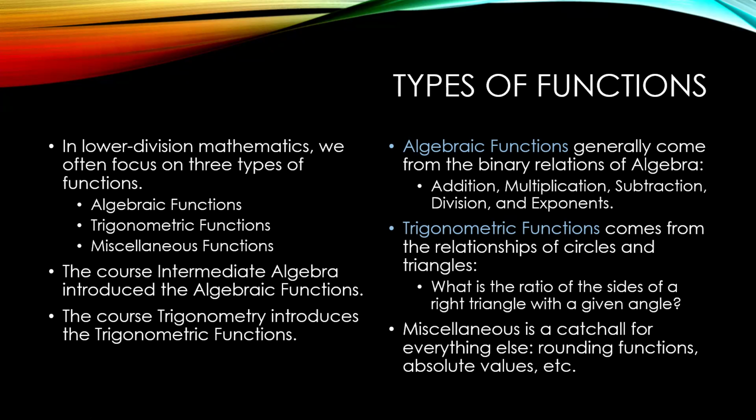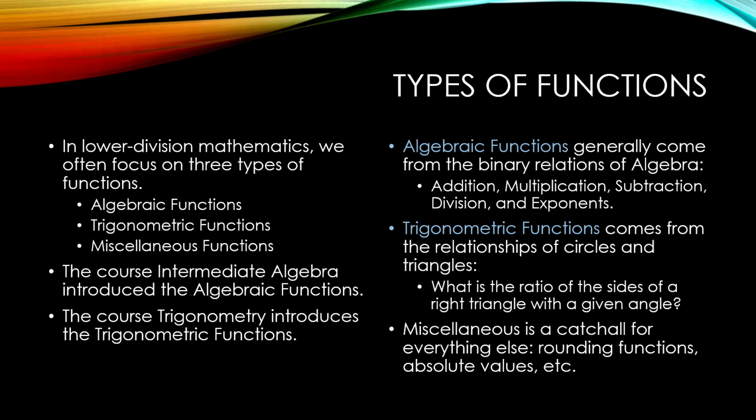One thing I do want to note though, when I say algebraic functions here, there is actually a descriptor for algebraic functions, similar to how there's a descriptor for algebraic numbers. We're not really talking about that when we're saying that the functions of algebra 2 are algebraic functions. Instead, we're saying that these functions are coming from binary operations. And it's all the same binary operations of arithmetic.